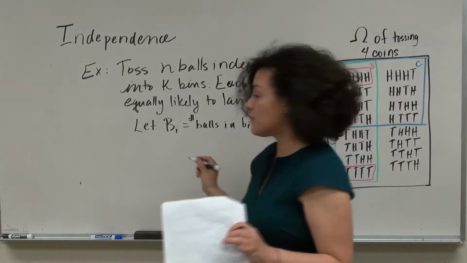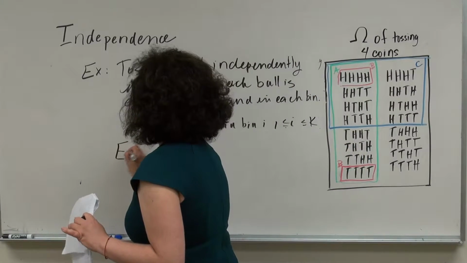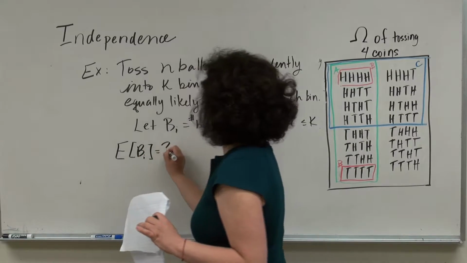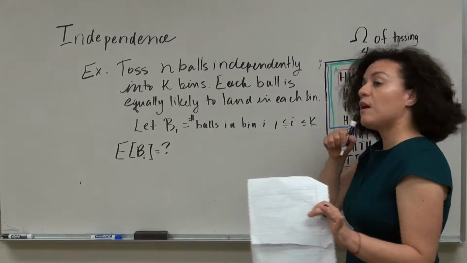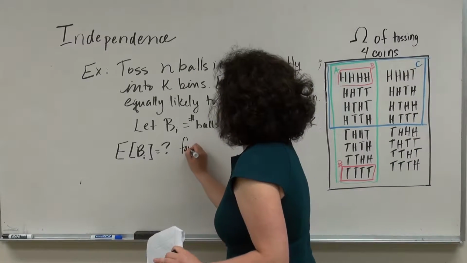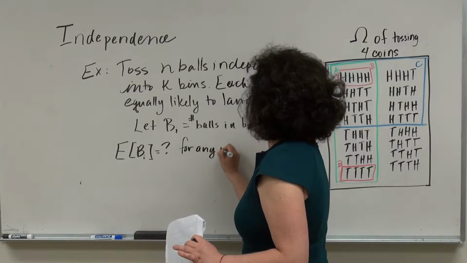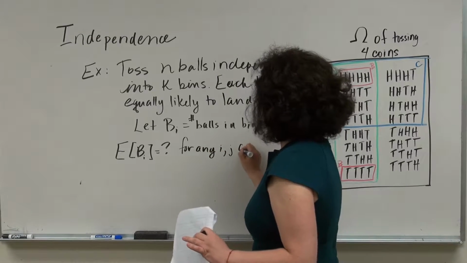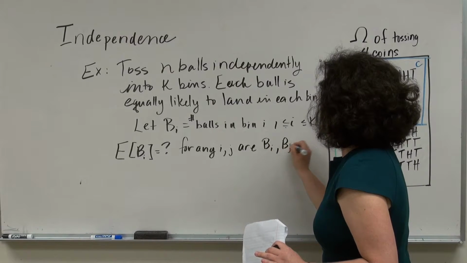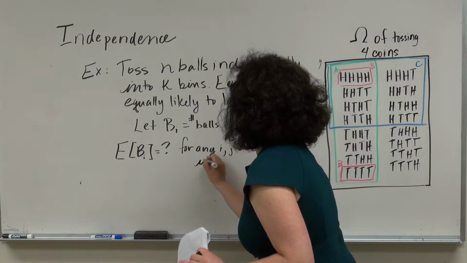So first, as an exercise, calculate what the expected number of balls in any bin is. But now we're going to worry about the independence. So for any bins i and j, are the bin totals bi and bj independent?